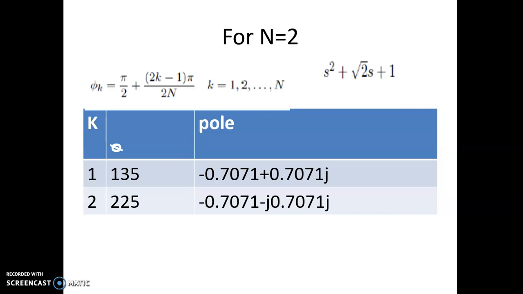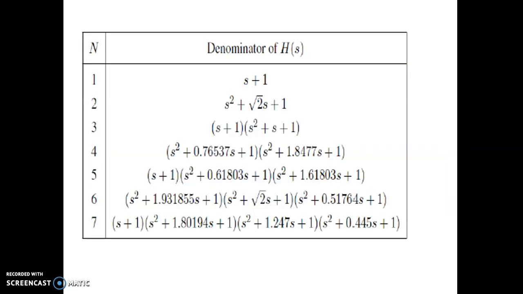Likewise, cos of 225 will be minus 0.7071, and sine of 225 will be minus 0.7071 j. If you take the pole response of both, you are going to get s square plus square root of 2 s plus 1. Likewise, when n is equal to 1, 2, 3, 4, 5, 6 or 7, you can obtain the denominator of the analog transfer function.